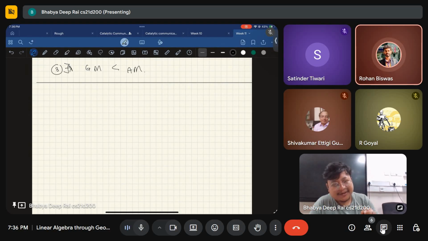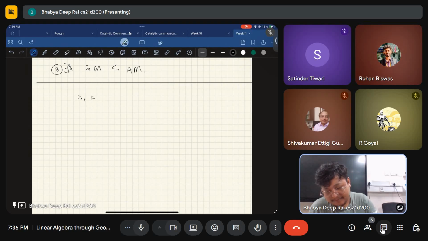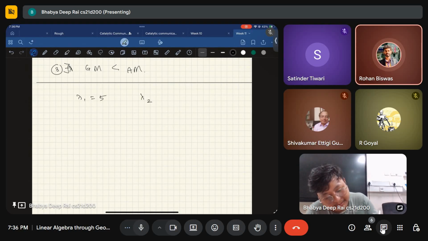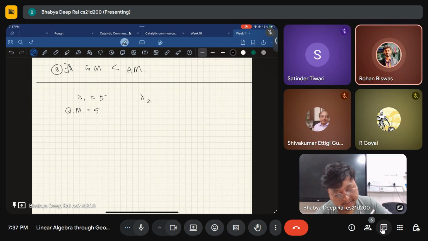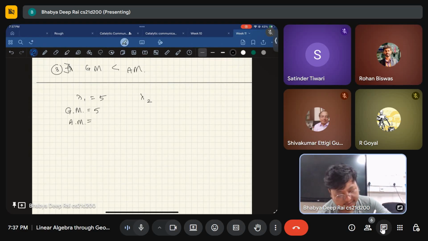Let's say lambda 1 is equal to 5. It has a geometric multiplicity of 5 and algebraic multiplicity of 4. Okay.